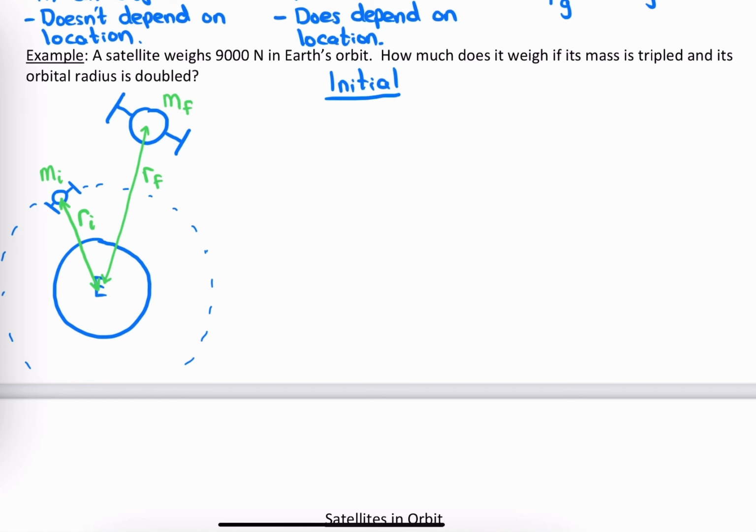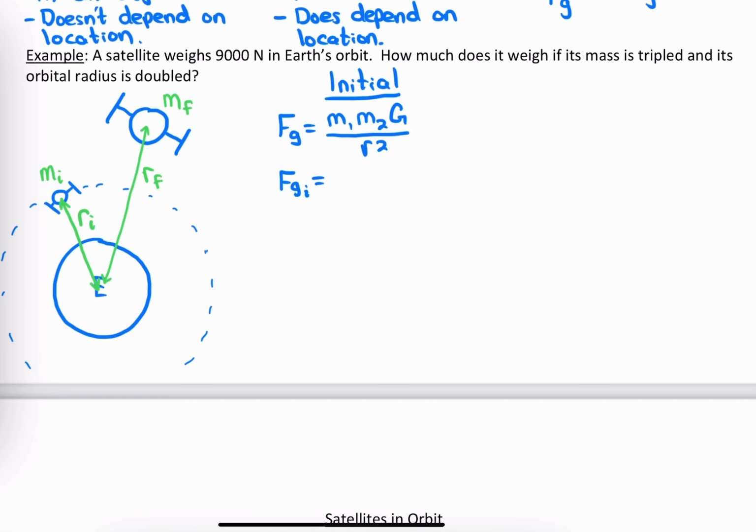So for the initial satellite, my formula is Fg equals M1, M2, big G over R squared. Because I'm just looking at this initial satellite, Fg is going to be, I'm going to call it Fgi, for weight of the initial satellite.